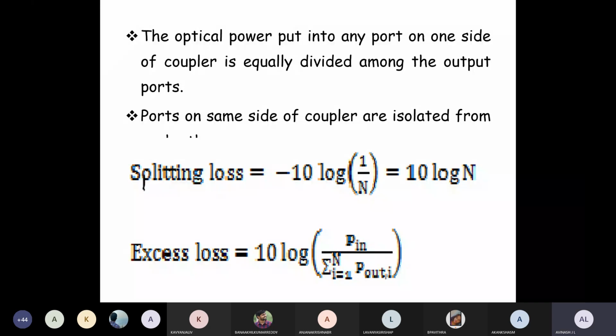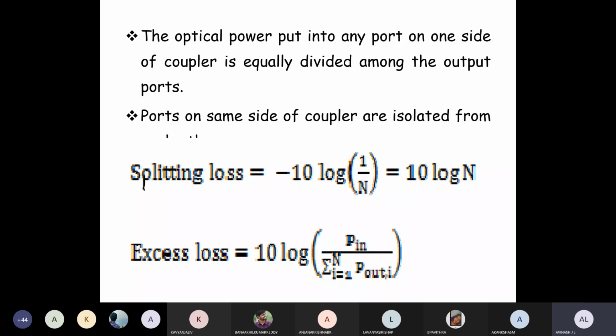From the input side only one input will be sent. On the output side we are going to get n outputs, as the power is equally split. So here the splitting loss is given by 10 log n.